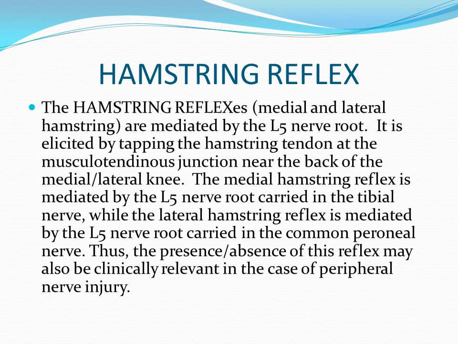For example, if the medial hamstring reflex is preserved, but the lateral hamstring reflex is diminished or absent, that would be indicative of an injury to the common peroneal division of the sciatic nerve, and vice versa. So the AMA guides don't talk about that. They simply talk about testing the hamstring reflex to assess for integrity of the L5 nerve root.